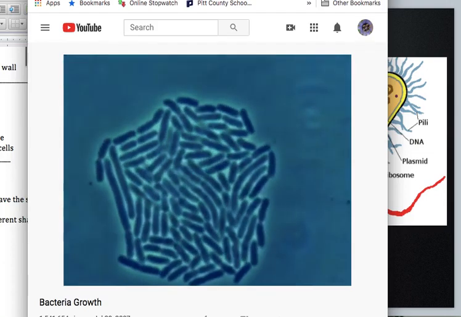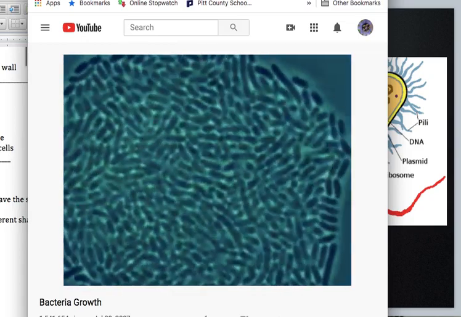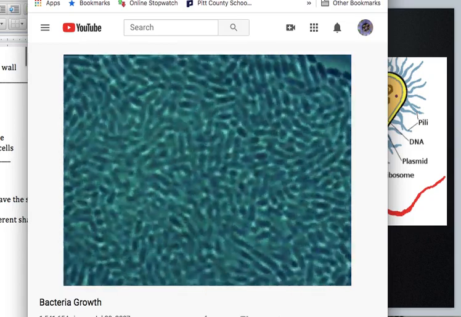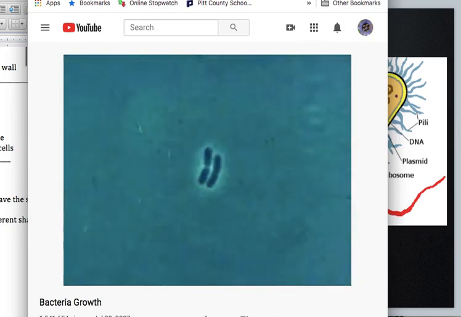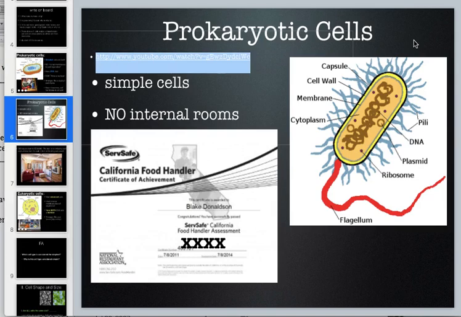Just one bacterium, dividing every 20 minutes, could produce nearly 5,000 billion bacteria in one day. Okay. So, pretty crazy. If you have this ServSafe exam, that tells your employer that you know the temperature to keep various food items, because they have different temperatures, to keep people from getting food poisoning.